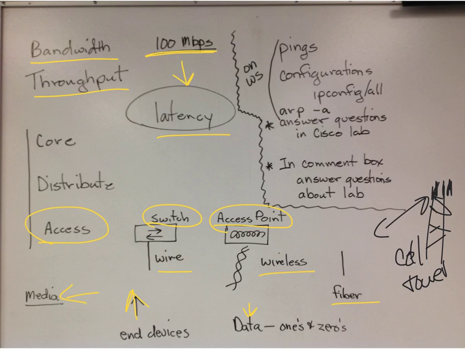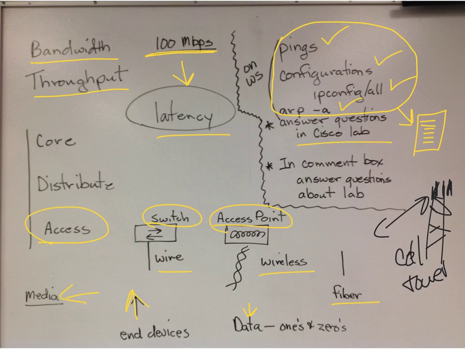Finish up today. The students, the lab, the peer-to-peer lab, they finished that. They captured their pings, the configurations, did an IP config all, did an ARP-A. Then they took that information and put it in a document. And then they document the document. Answer the questions in the Cisco lab, in the document.